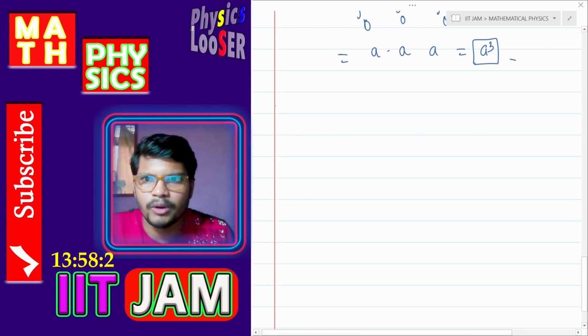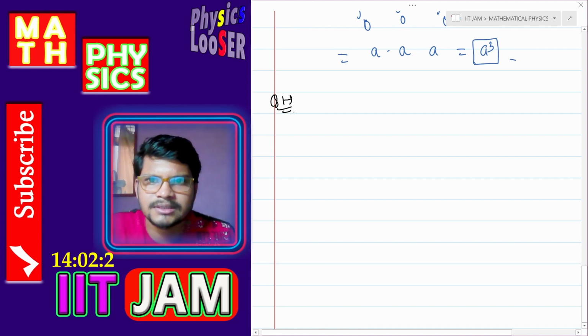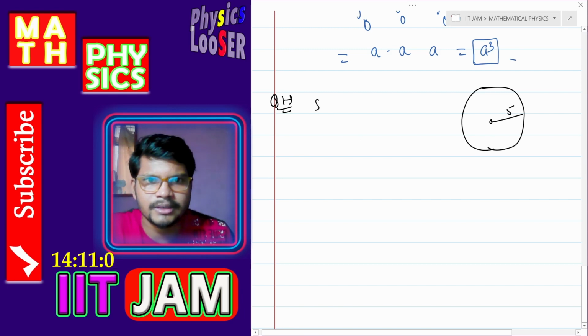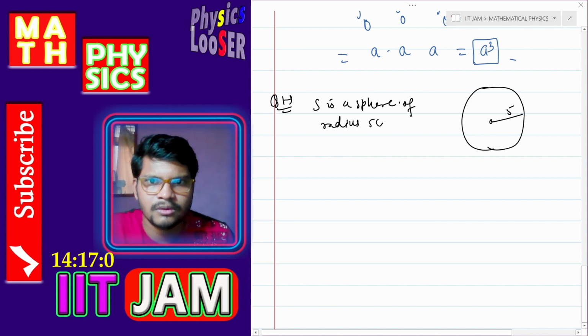So for example, let S be the sphere of radius 5 centered at the origin. You have a sphere whose radius is 5. So S is a sphere of radius 5 centimeters.